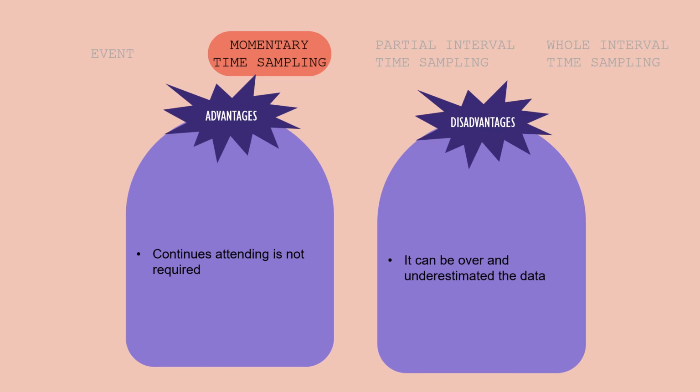Next is the disadvantage: the data can be over- or underestimated, because sometimes an observer wants to finish earlier or wants a more extended time to observe, and so the 5 minutes is underestimated or overestimated.